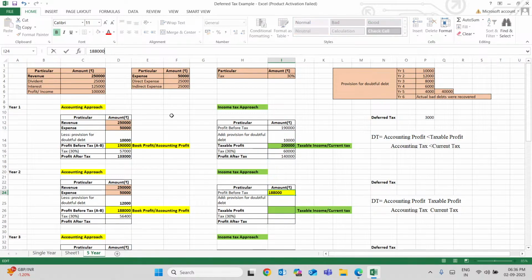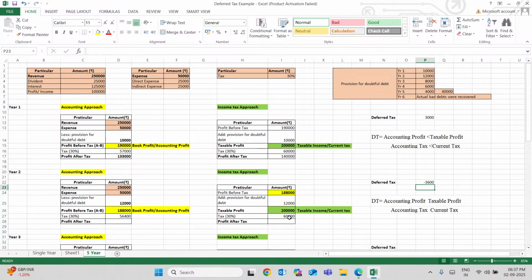Alright, now we will add the provision that was 12,000. That will give us 2 lakh again, on which the taxable profit will be the same, 60,000. So here again, what is the difference? So we will calculate it out. This minus this, that will come as 3,600, right?